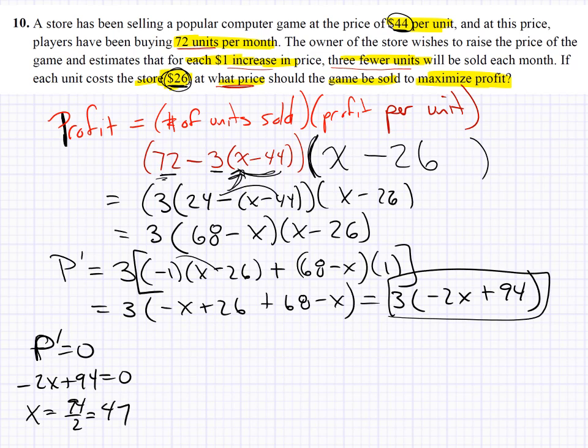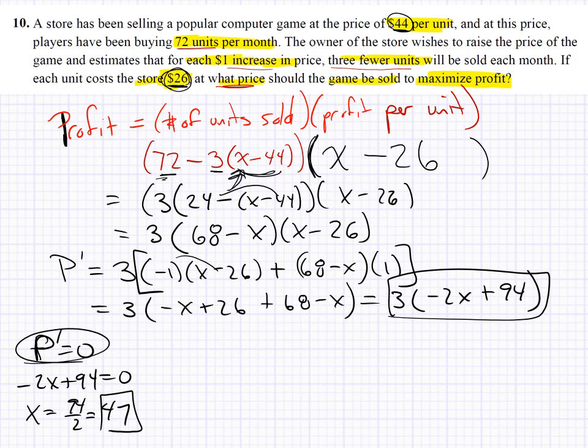Okay. So 47 is x. Now, that's our critical number. If that in fact ends up being a maximum, then we got everything we need. If that's not, then we're not going to be able to answer this question.